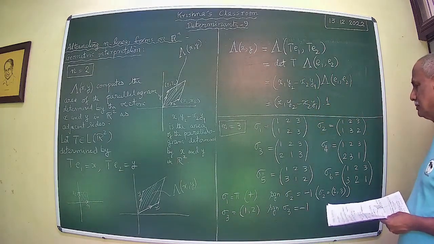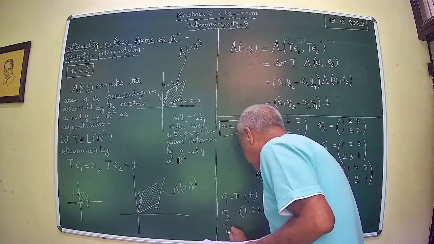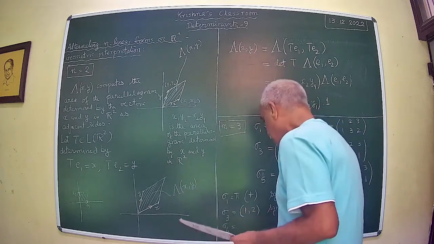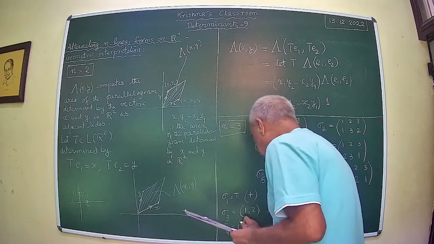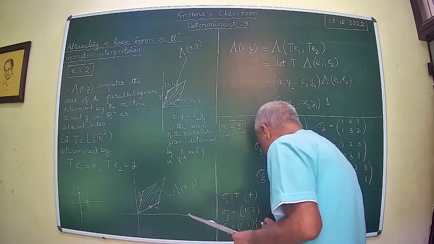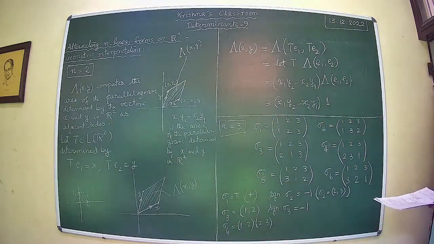Okay. So, we look at sigma 4, equal to the product of transpositions 1, 2 and 2, 3. Just verify.